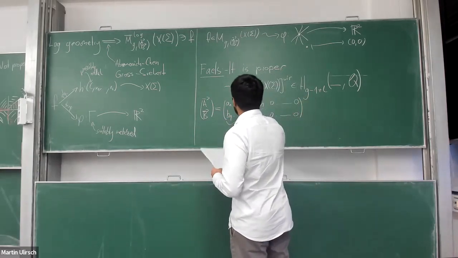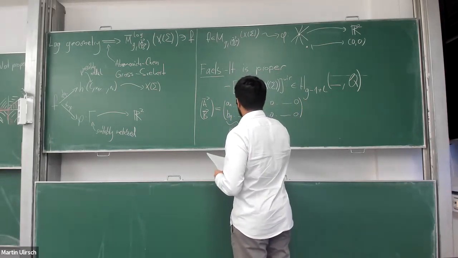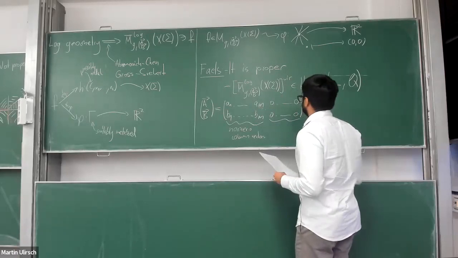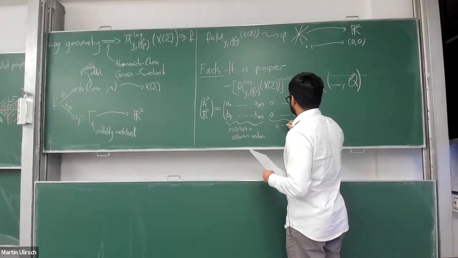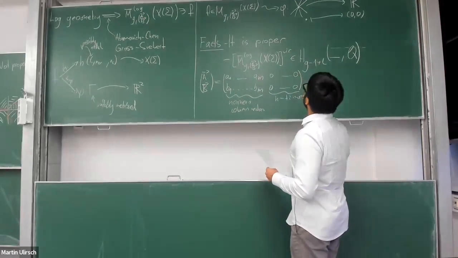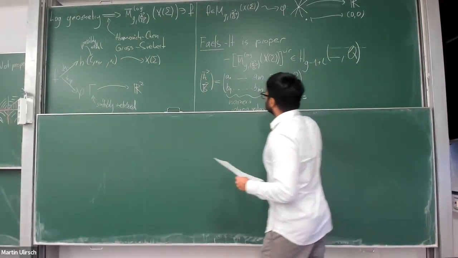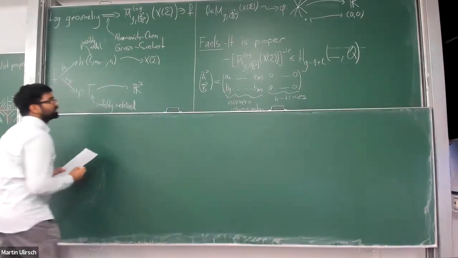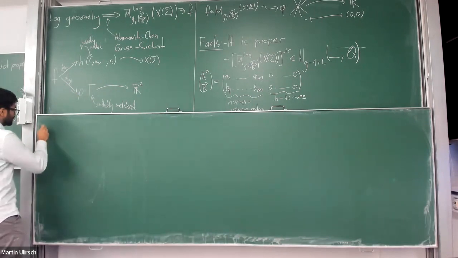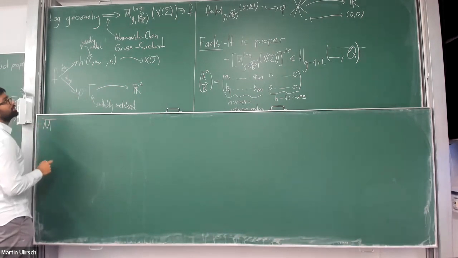Here, non-zero column vectors, m of them, and zero vectors. Now I want to define some numbers, so to define the numbers, I first need evaluation maps.